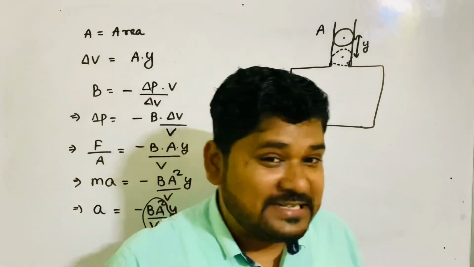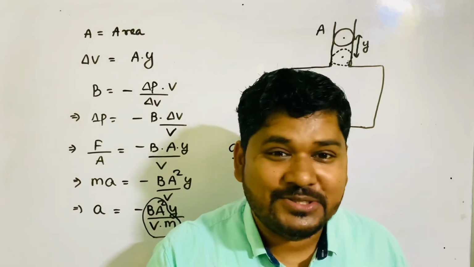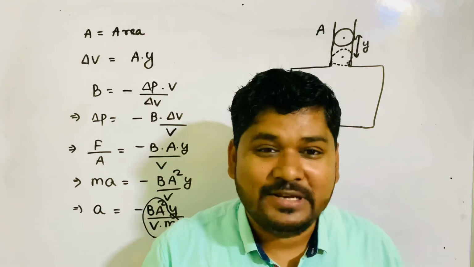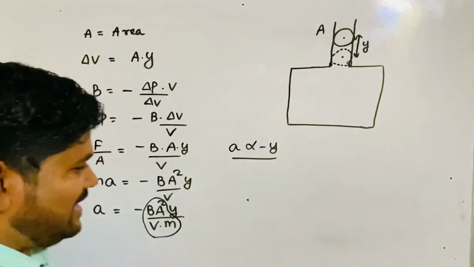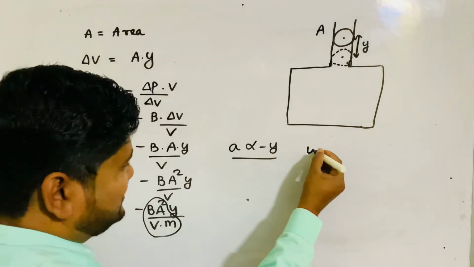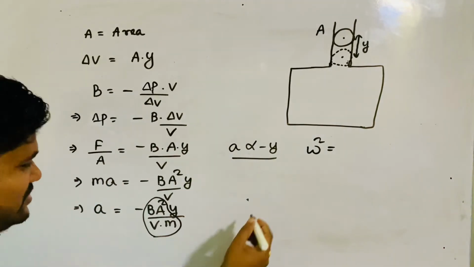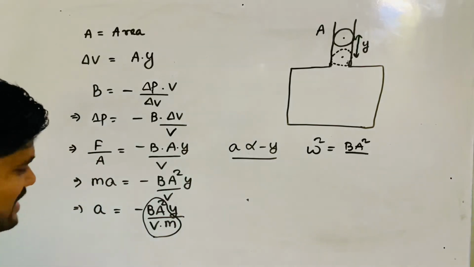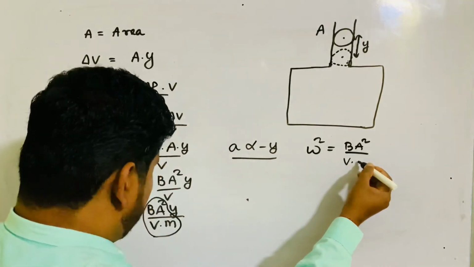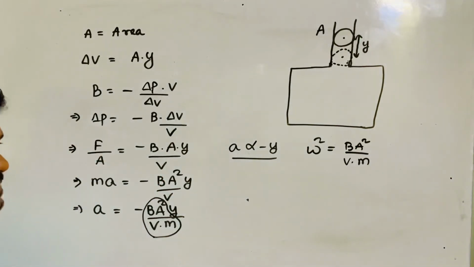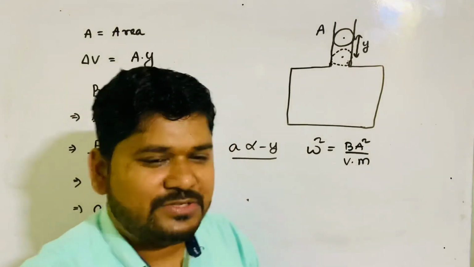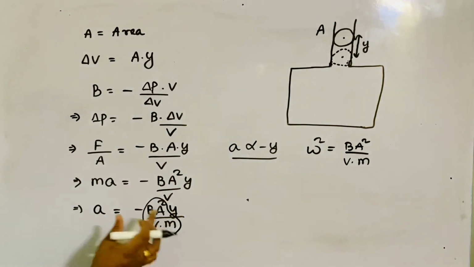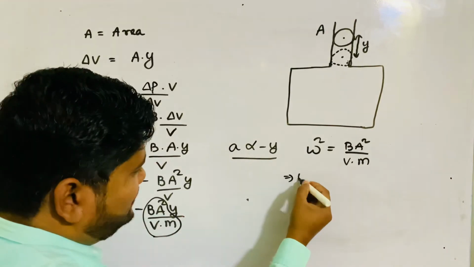Then the next common sentence: so it executes simple harmonic motion, where omega square is equal to how much? B A square by V into M. So this is omega square. Then what is omega?